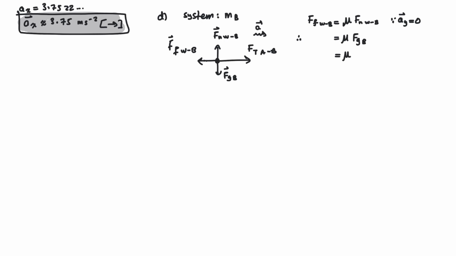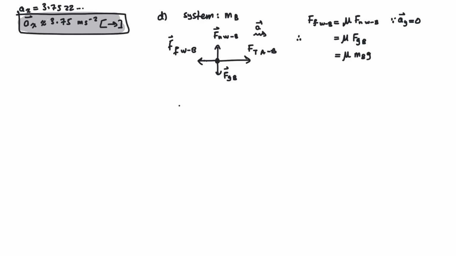This is going to be mu, and the force of gravity acting on my mushroom B is going to be its mass times gravitational acceleration. I can just put the numbers in and find the force of friction right away, or I can use the expression. I'm going to leave it as the expression so that I can show you how that works.